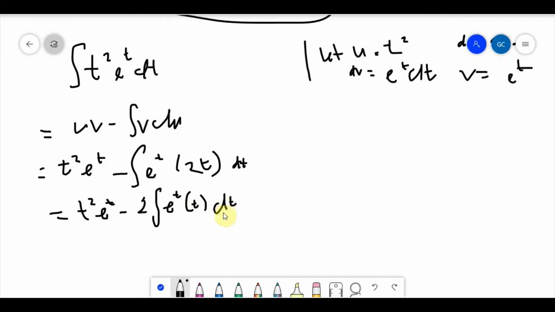Now we can't get the final answer yet because we have t e to the t here, so we need another integration by parts.